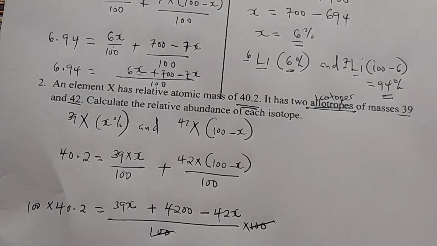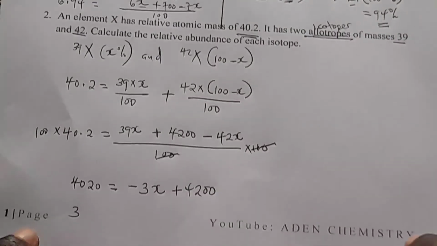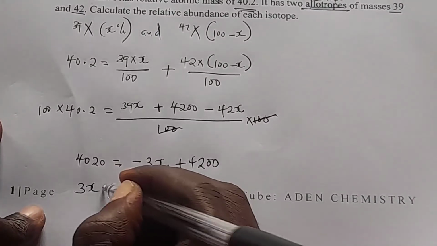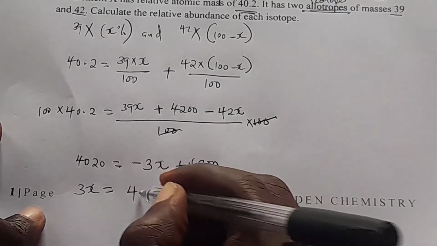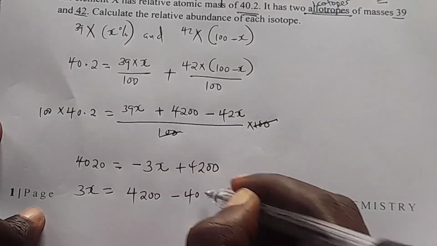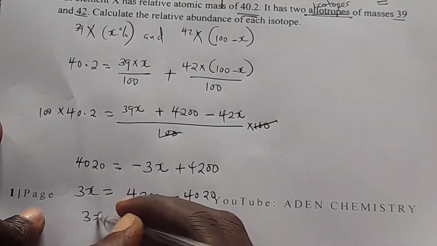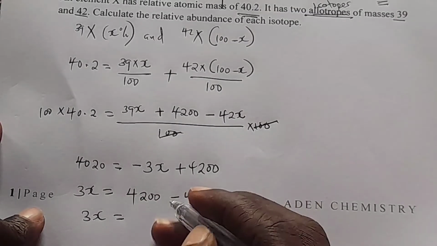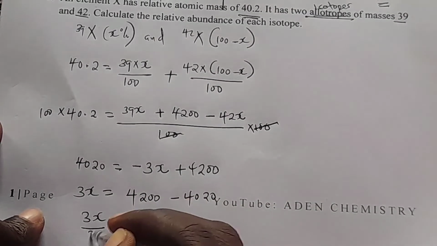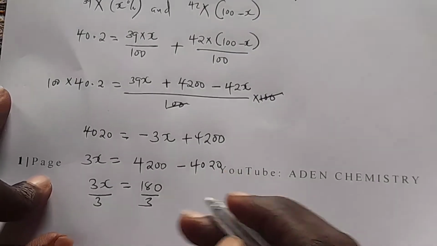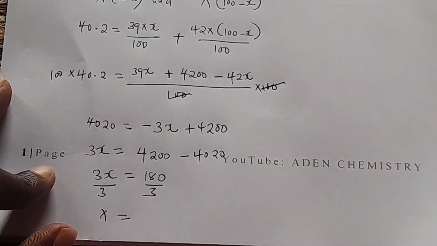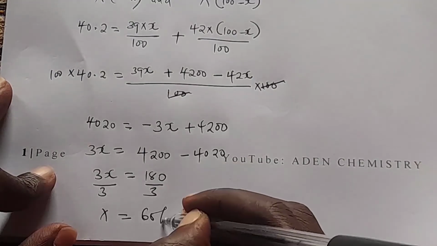So let's take that one on the other side. We're having 3x, which will be equal to 4200 minus 4020. So 3x will be equal to 180. So divided by 3 here, divided by 3 here. So x here will be equal to 60%.